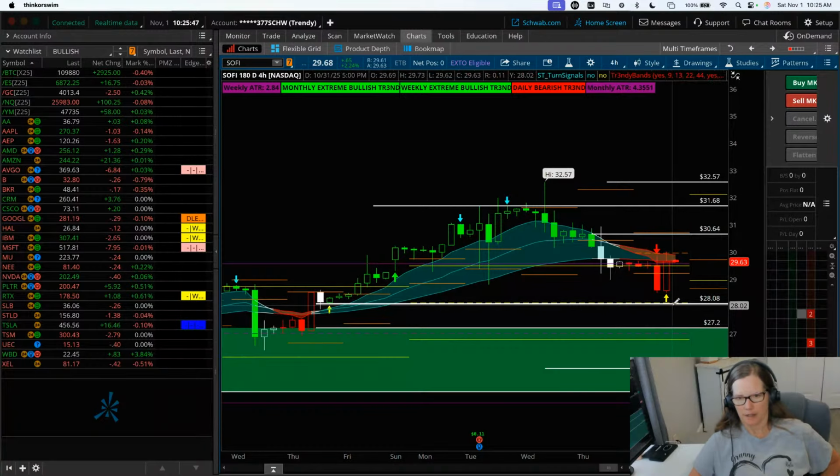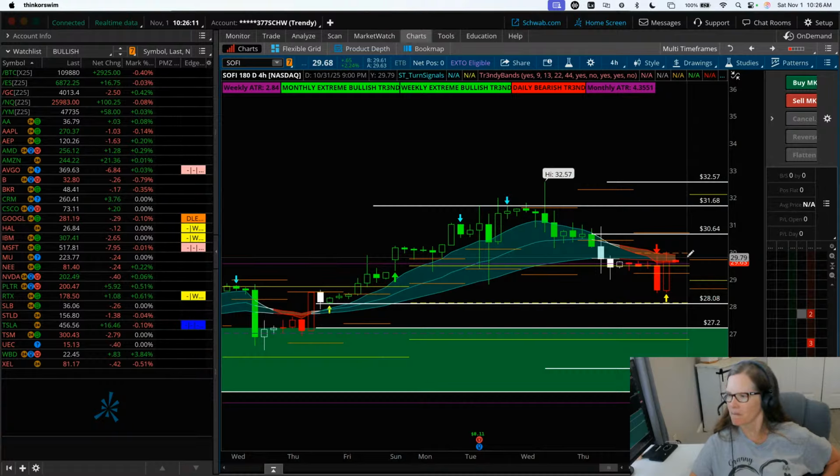Again, this is my favorite zone. A pullback to this zone would be where I would look to scale into a trade to the upside. Then you have 3064 as a target, 3168 and 3257. All right?